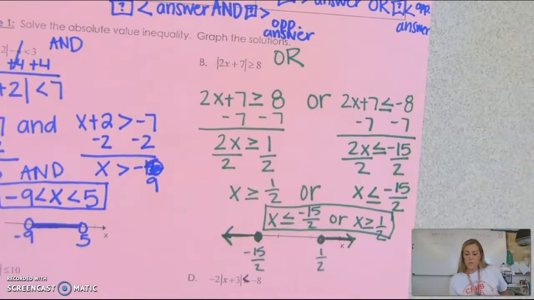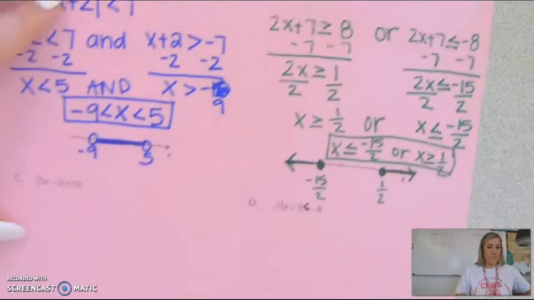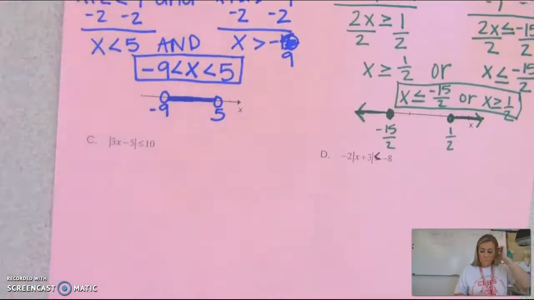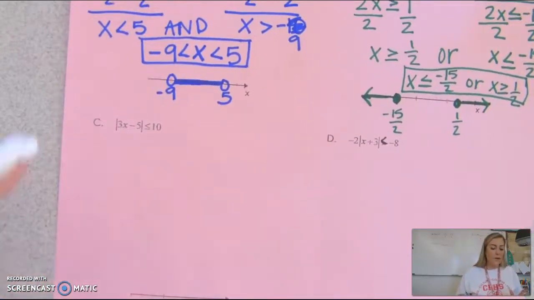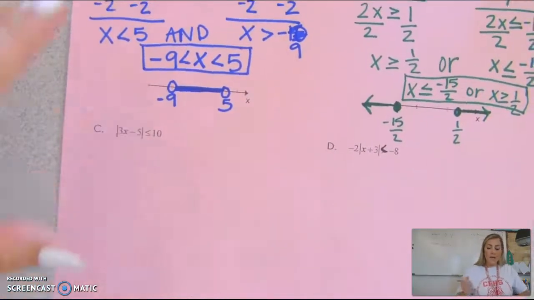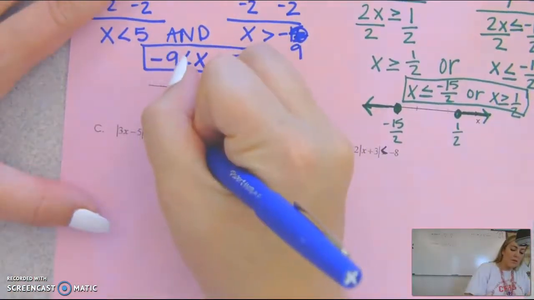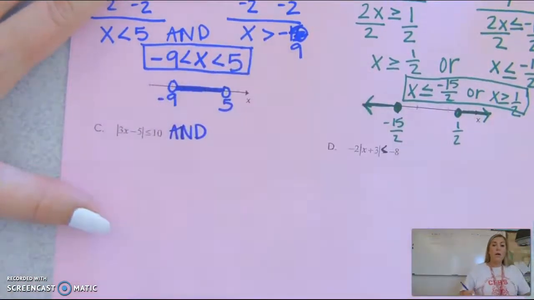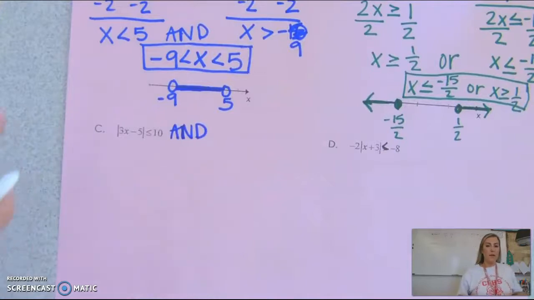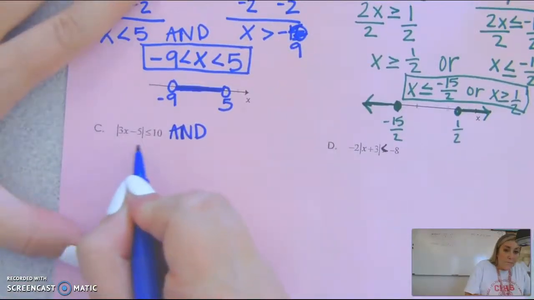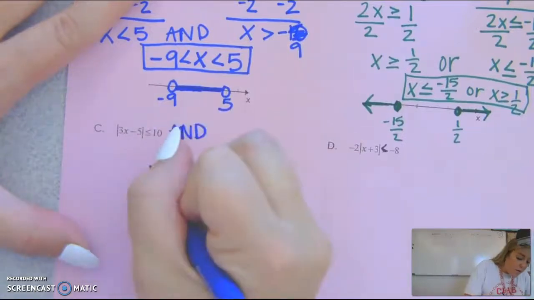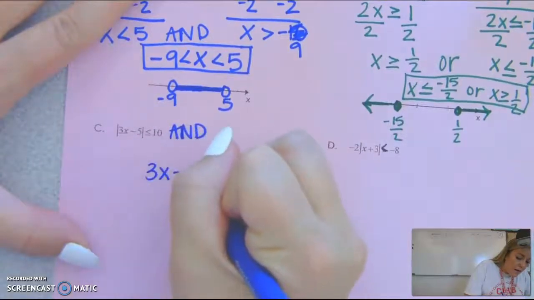All right, we got 2 more. Over here, my absolute value is all by itself, so that's great, no extra work. It's less than or equal to, so it's going to be an AND problem. And I'm going to show you another way we can set up an AND problem. So I have my absolute value that's in the middle, 3x minus 5.